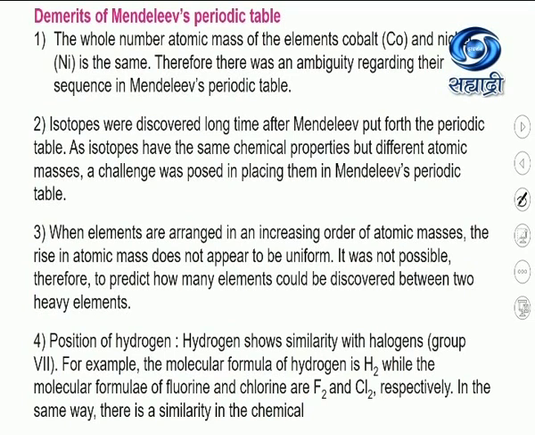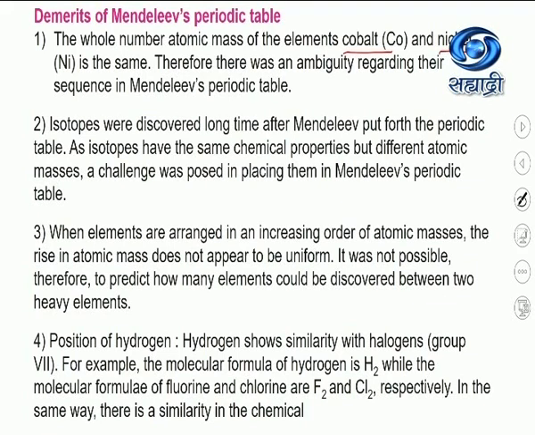Therefore, there was an ambiguity, a confusion, regarding their sequence in Mendeleev's periodic table, because Mendeleev arranged those elements according to the increasing order of their atomic masses. So where to place cobalt and where to place nickel? That was the confusion.